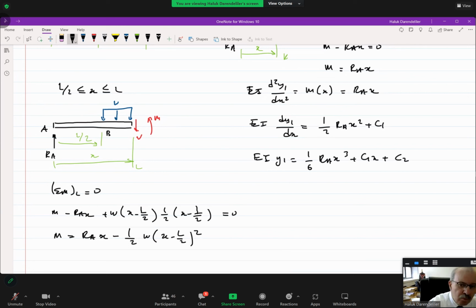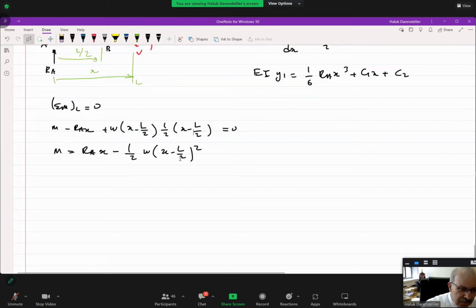Now we found the moment for both sections. Now we are looking for the equation of the curve in this region. Again, we are using the same equation we discussed many times. What is that equation? That equation is this. Now, there is a single equation for this region.